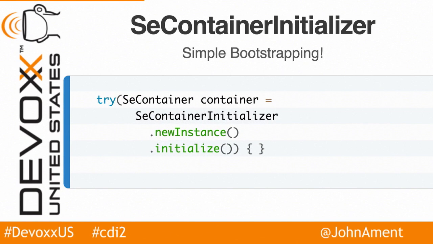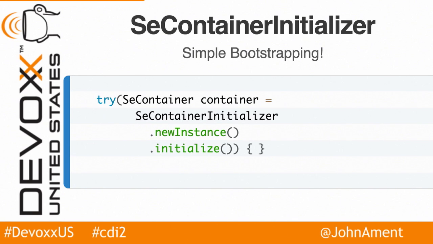So what does it look like to start off with CDI in an SE world? It's literally 2 lines of code, creating a new instance of an SE container, and then initializing it. This will go through and find any bean archives that are on your class path with appropriate beans XML files, following either their annotated, all discovery, or none discovery to locate beans.